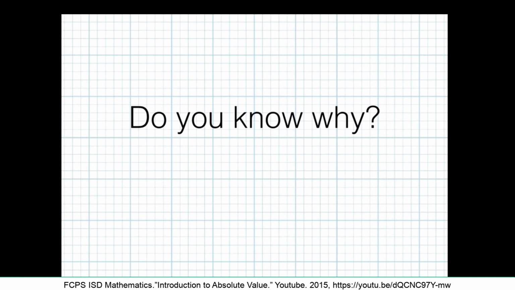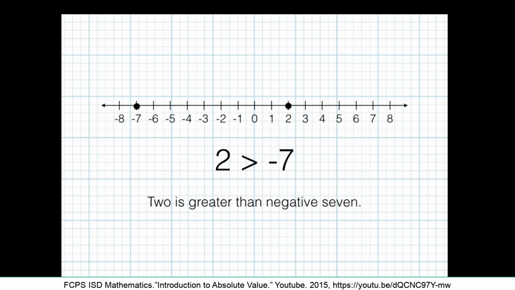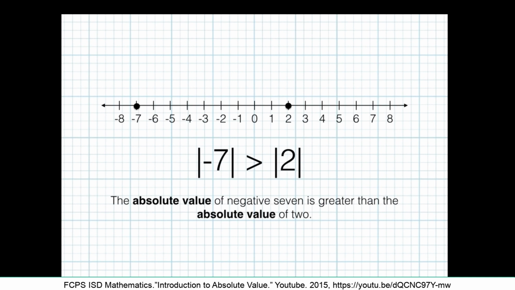Do you know why? Well, 2 is greater than -7 since it's farther to the right on the number line. But the absolute value of -7 is greater than the absolute value of 2.